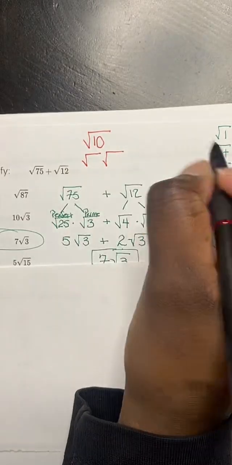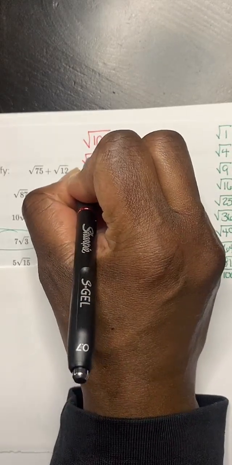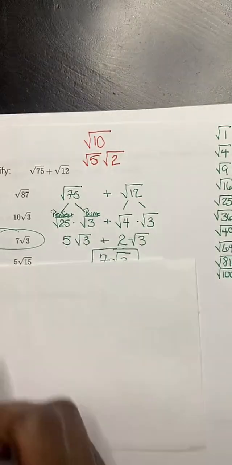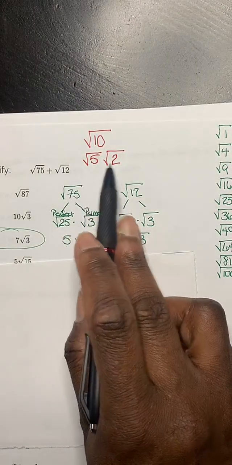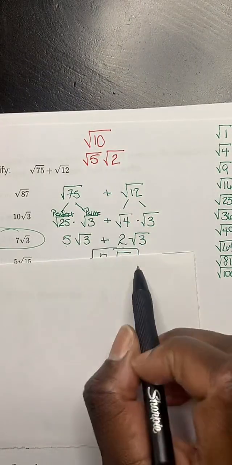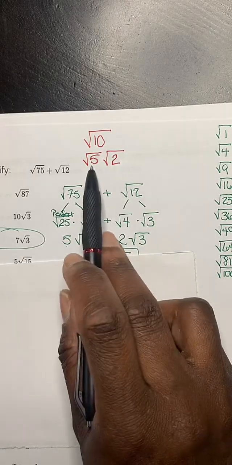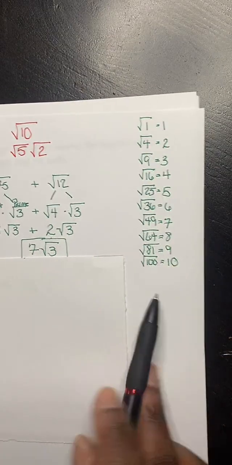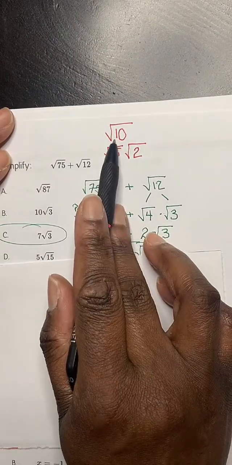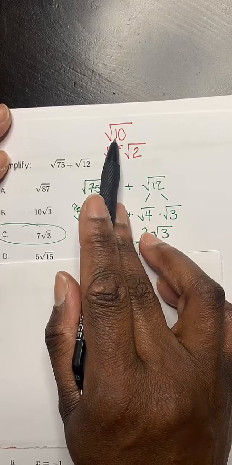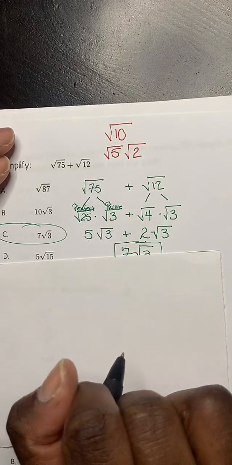What else? 5 and 2. Well, guess what? 5 and 2 are both prime numbers. So that means you can't get a perfect square root out of that.